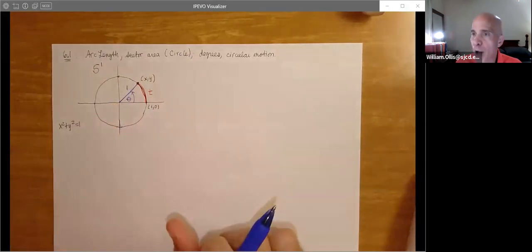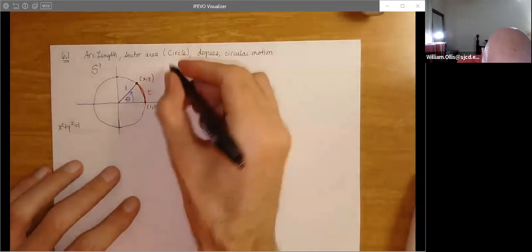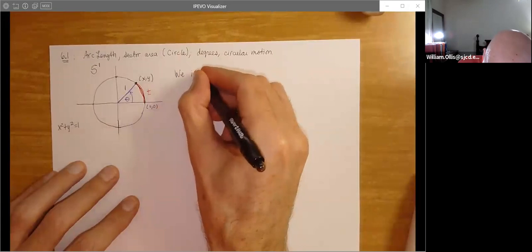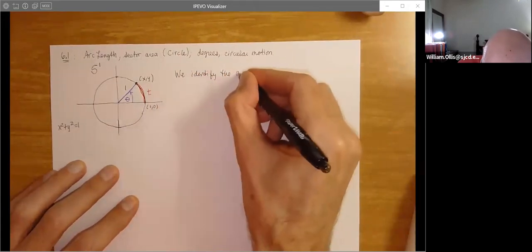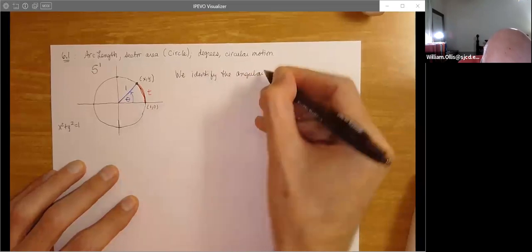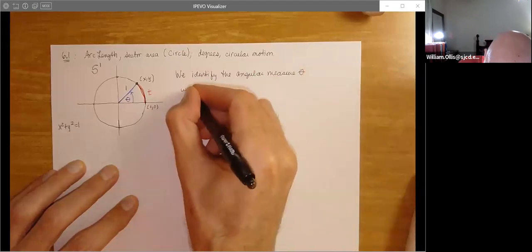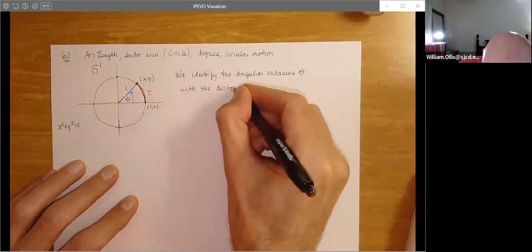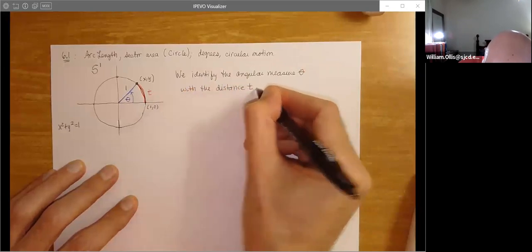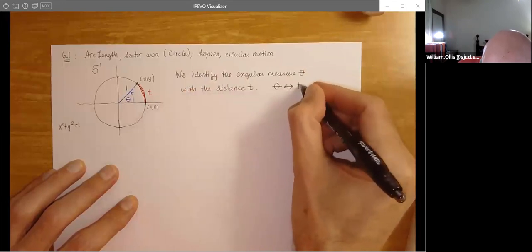And so we're going to think about theta as being identified with T in the unit circle. So here's what we're going to do. We identify, this is the word we use for it, angular measure theta with the distance T.